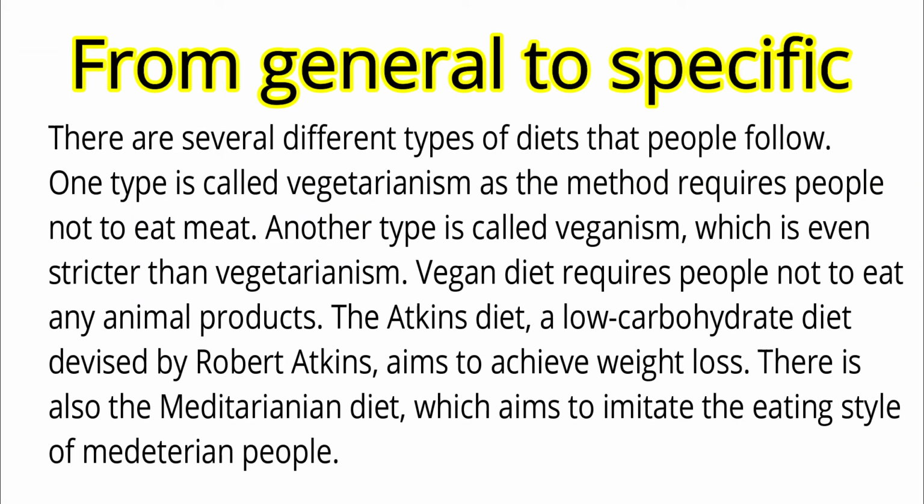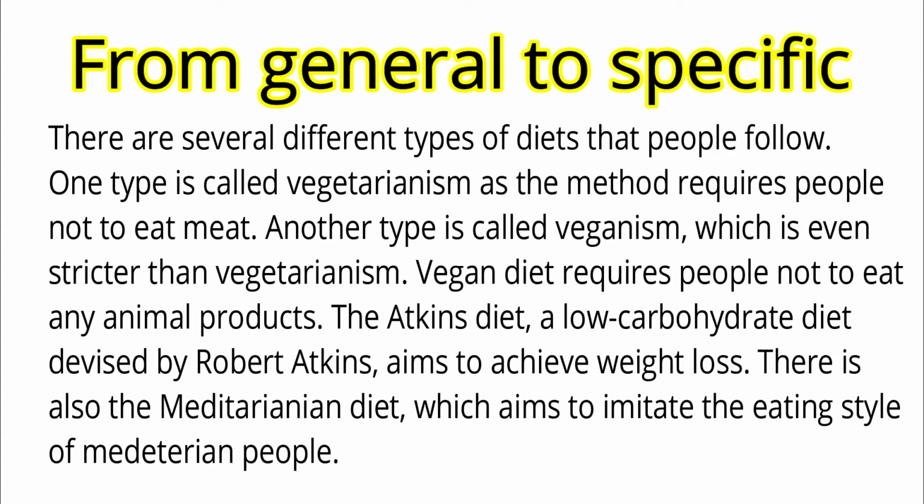There are several different types of diets that people follow. One type is called vegetarianism, as the method requires people not to eat meat. Another type is called veganism, which is even stricter than vegetarianism. Vegan diet requires people not to eat any animal products.